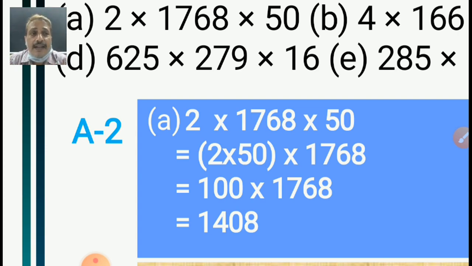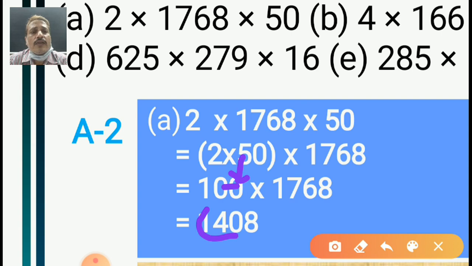That's 100. And what about the third number? As it is. Now forget about these zeros, send them out. Who is remaining there? 1 only. And we know 1 into any number, the same number is the answer.